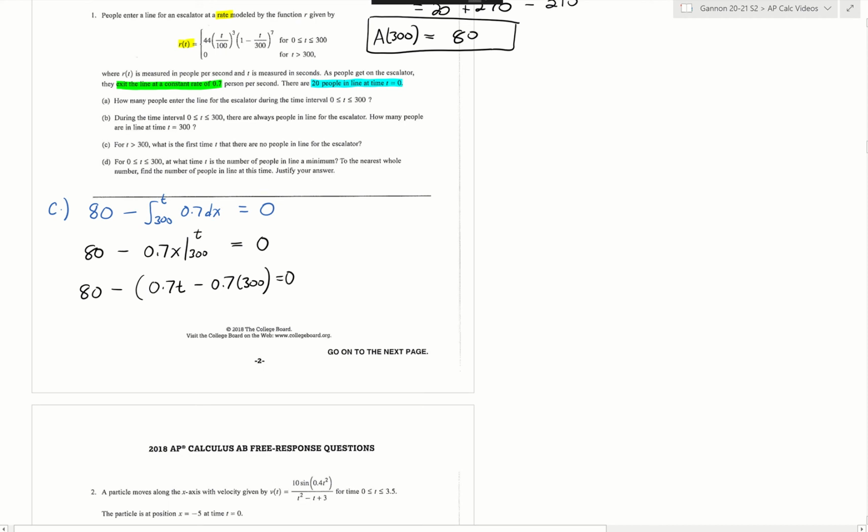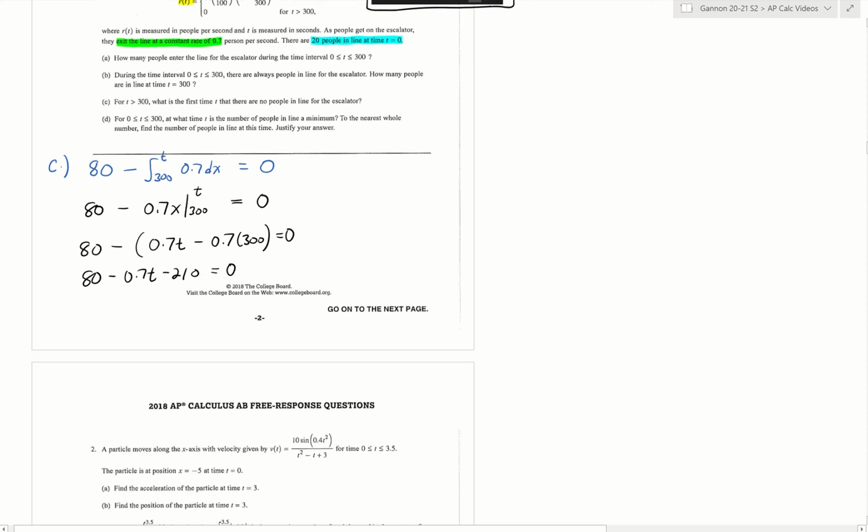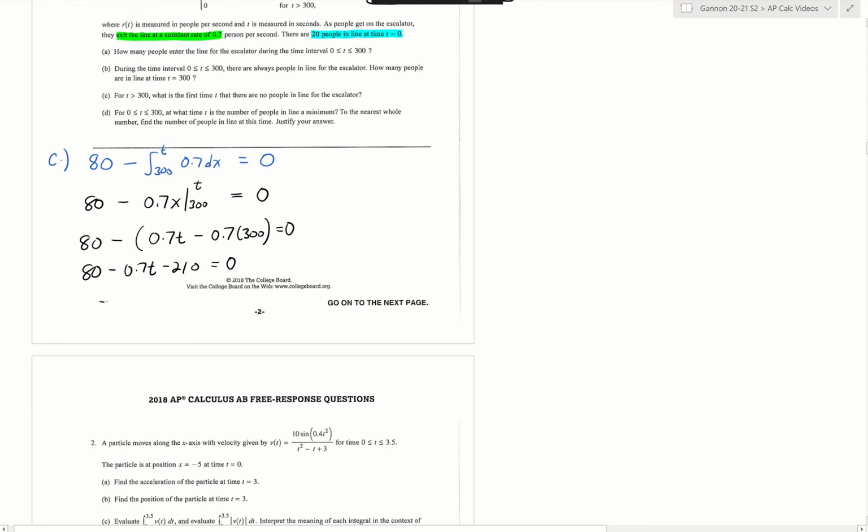All right, let's see. We can kind of solve all this out. This is going to be minus 210 equals 0. And if we combine, we've got 80 minus 210. So what's that going to be? Negative 130. So if we add 130 to the other side, we should be able to solve for our answer.